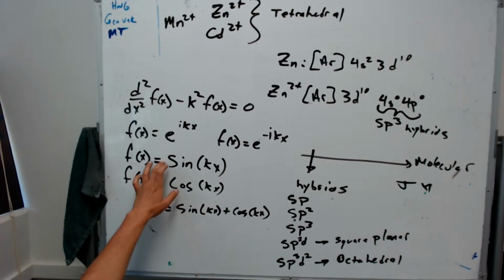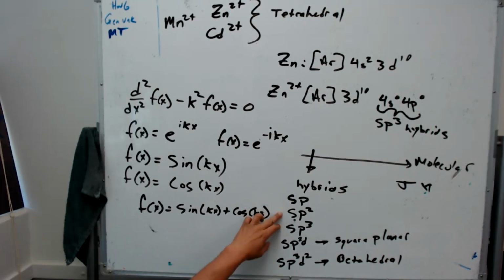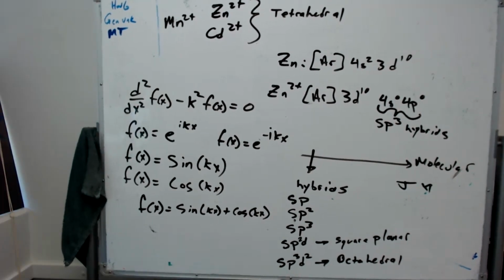Drawing the pictures individually doesn't tell us the whole story, because the atom by itself has all of the orbitals. All of the orbitals can interact in many different ways. So we're going to take a linear combination to see how those orbitals interact when we start to bring in something else, right? Because we only talk about hybrid orbitals when we have an atom interacting with other atoms. And that interaction changes how the orbitals look.